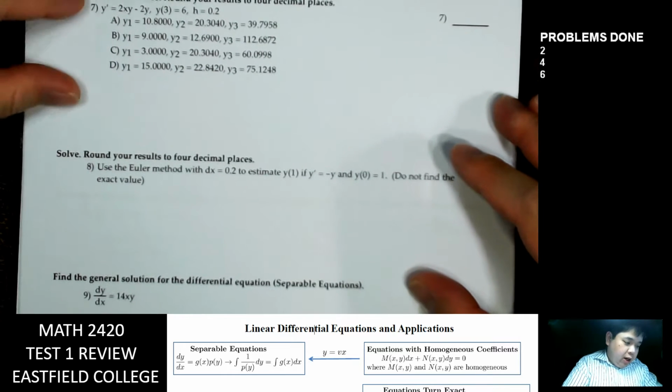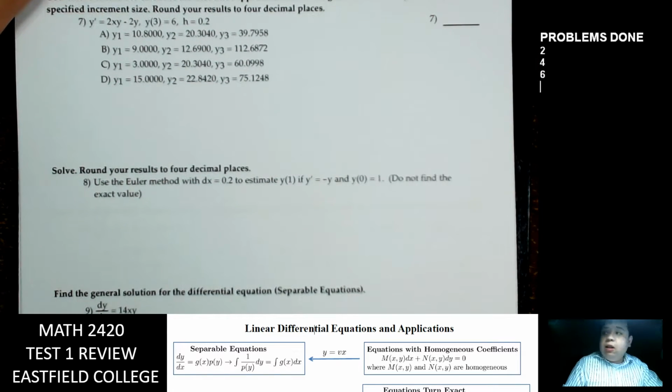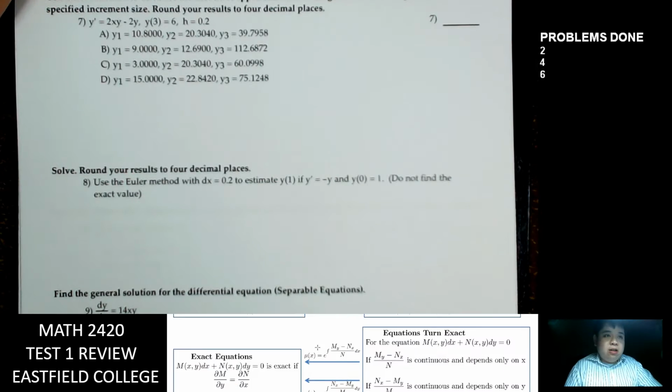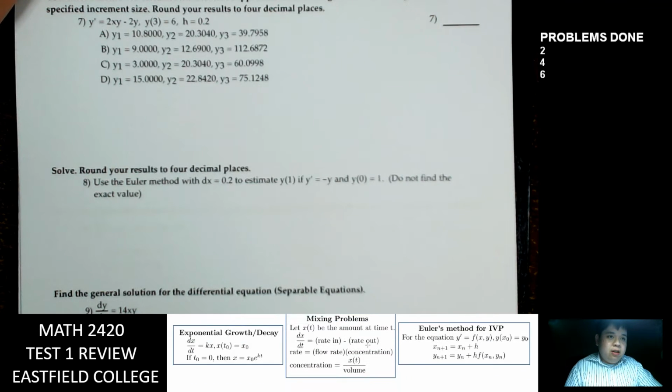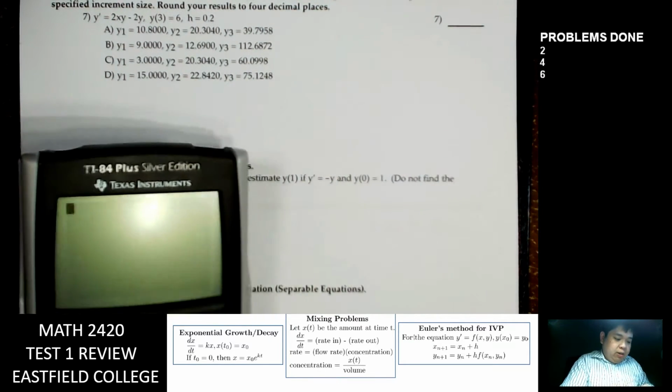Right. Other method. Let's see it. Yeah. So that is the Euler method, and of course we're going to use the calculator.